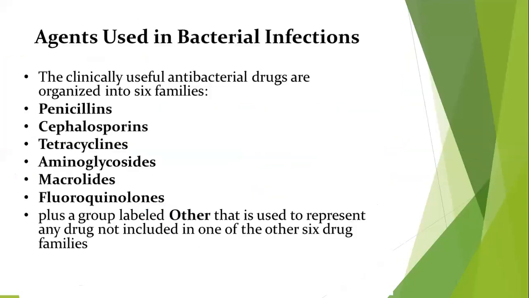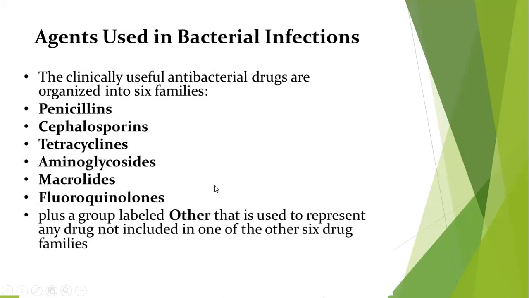Actually, these agents used in bacterial infection are organized into 6 families. حوالي 6 عوائل من هذه الدراجز التي تستخدم for bacterial infection. منو هذه العوائل أو الفاميليز؟ بنسلينز، سيفالوسبورينز، تتراسايكلين، aminoglycoside, macrolides, fluoroquinolones.